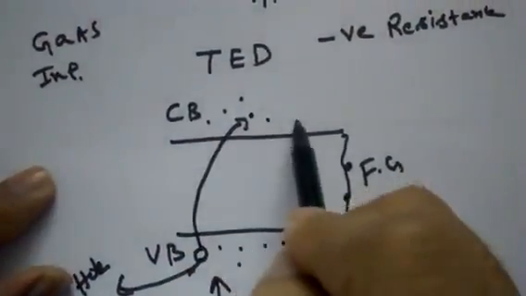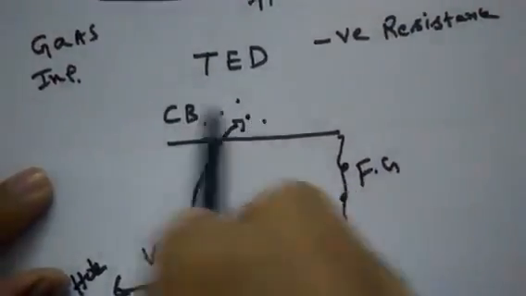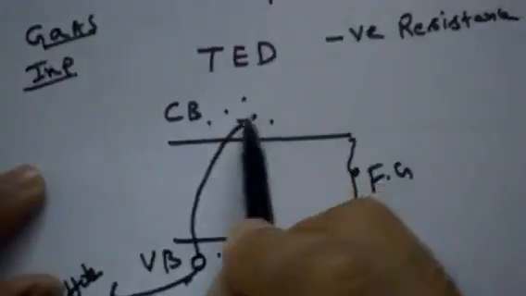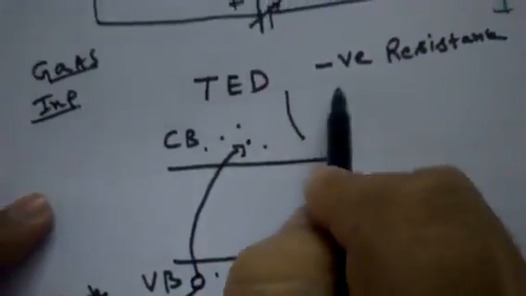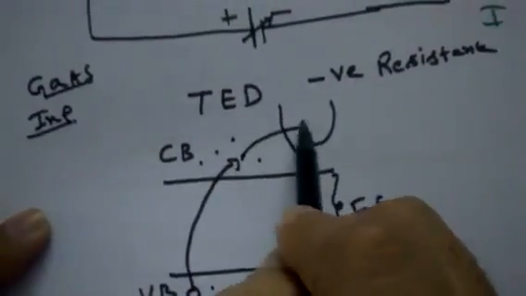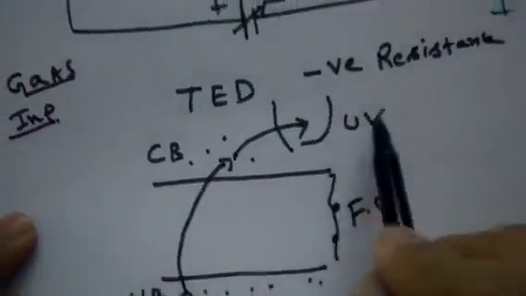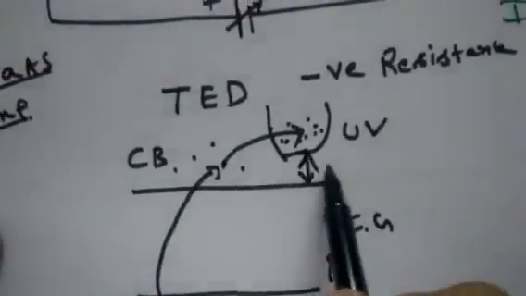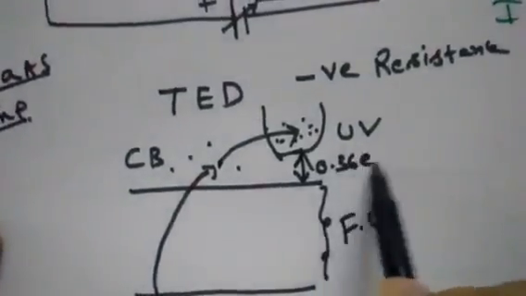So again energy is applied in materials like gallium arsenide, indium phosphide. These electrons are moved into the upper valley. So this upper valley is filled up with a number of electrons by applying 0.36 electron volts.